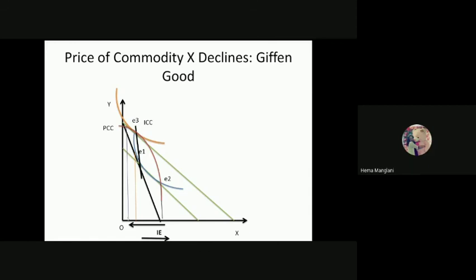This also indicates that from E1 to E2 you are getting the substitution effect, but from E2 to E3 you are getting the income effect. You see, your negative income effect is greater than your positive substitution effect. That is why your demand curve is upward sloping here.